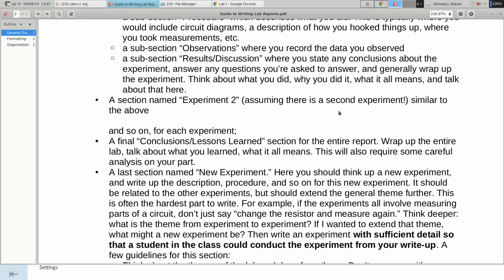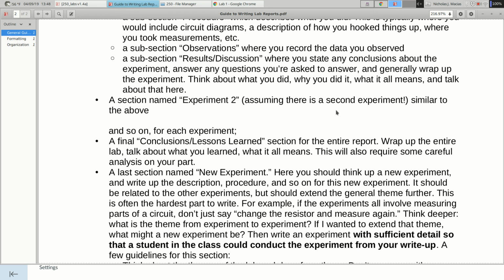Don't just lowball it and say, okay, repeat that experiment but set the frequency to 20 hertz instead of 10. Yeah, it's a new experiment, but it doesn't really take you in a different direction. So what could you do that would somehow deepen your understanding of what's going on? And you need to write it up like these other experiments.